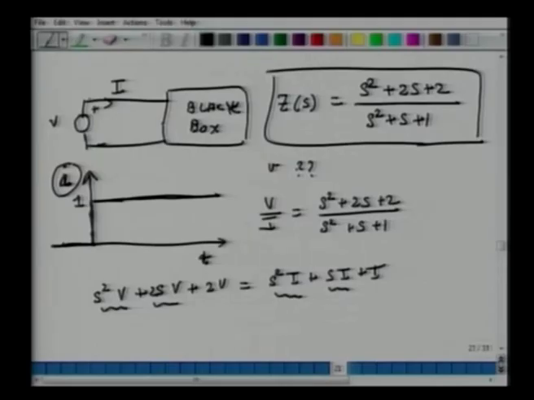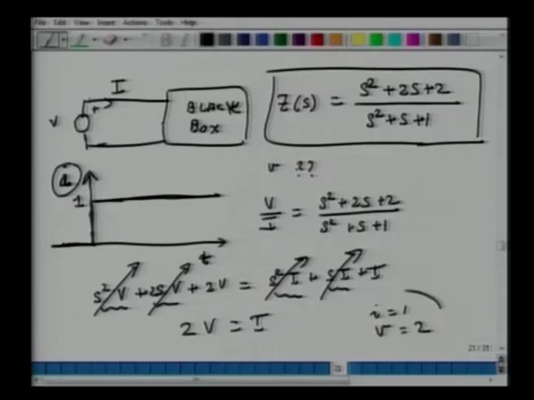In a steady state situation they will be 0. Is that right? So 2V equals I. So if my current is 1, then voltage is 0.5.